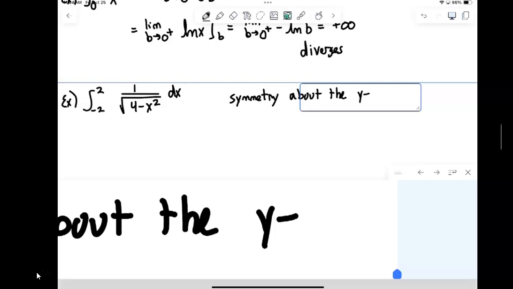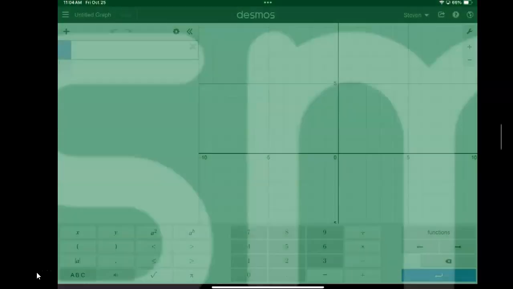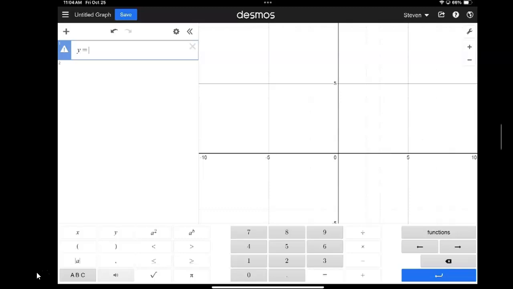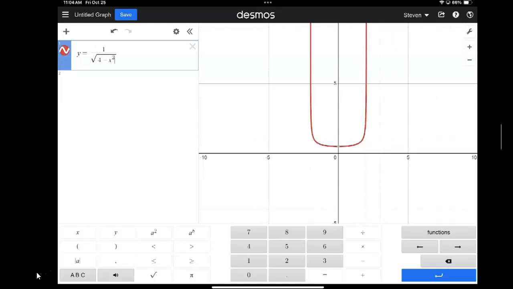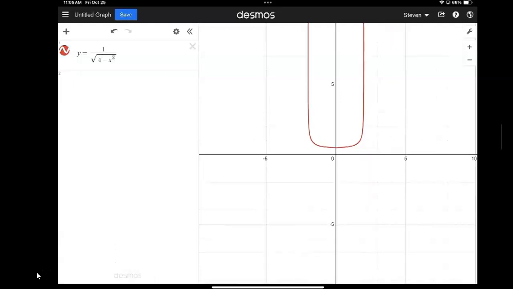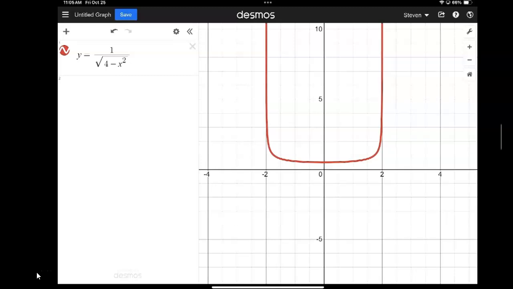In other words, whatever its graph is, it will be a mirror image about the y-axis. And that's a powerful thing to observe because it's going to make the work for this problem a lot nicer.